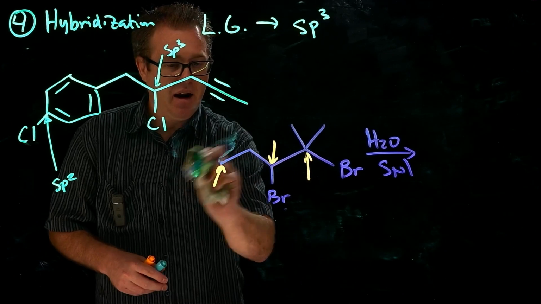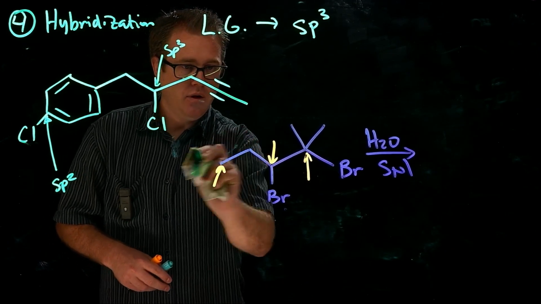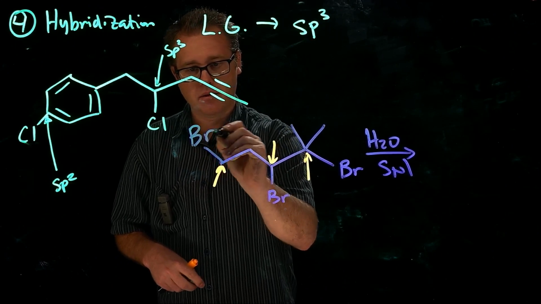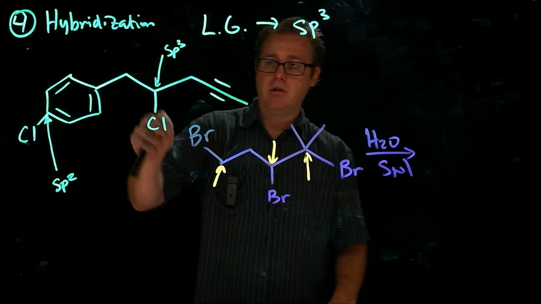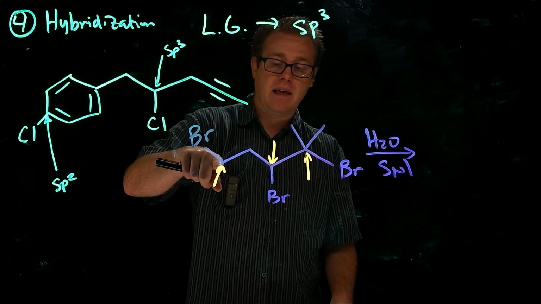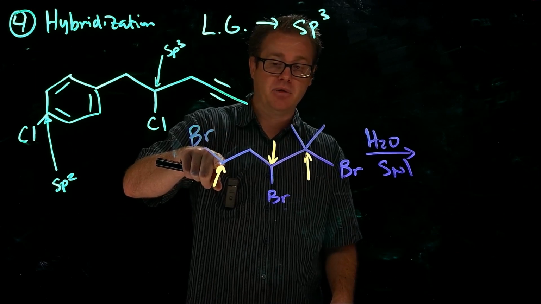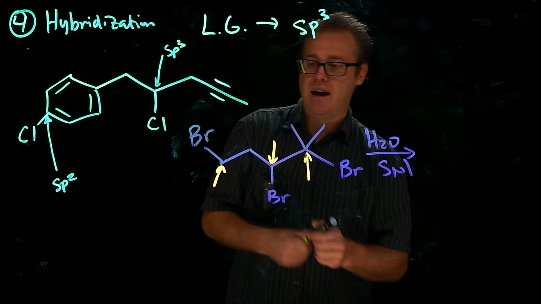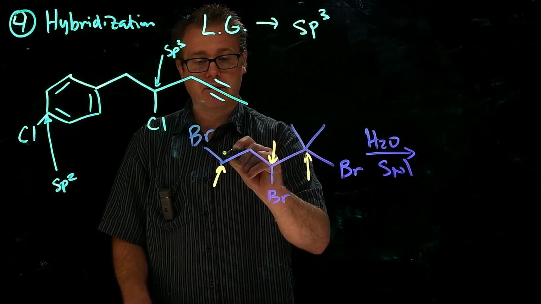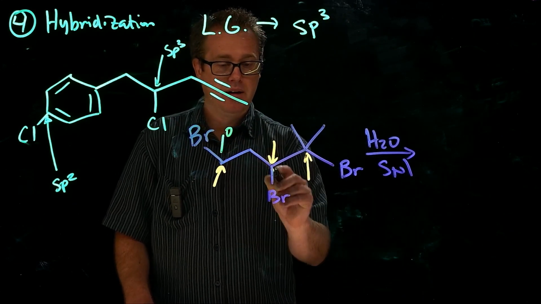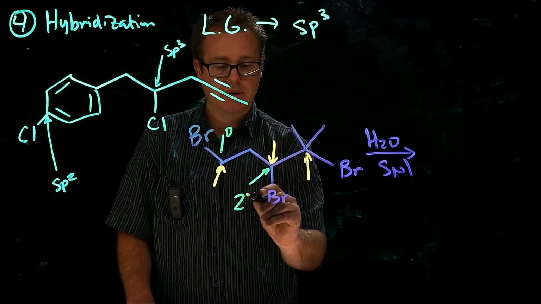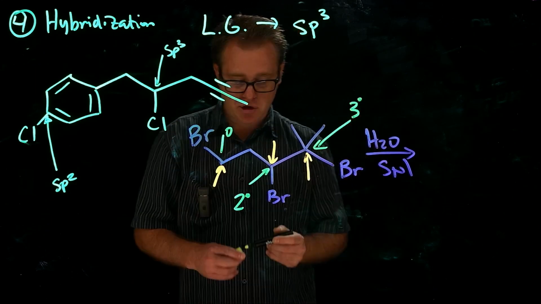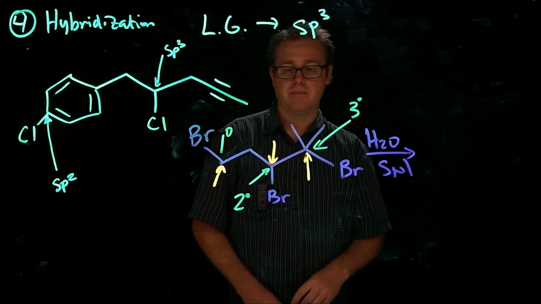So what we have to be careful of when we are looking at a molecule like this, not only do we have to identify that the alkyl halide is attached to sp3 hybridized carbons, but we have to identify that, hey, this alkyl halide right here is a primary, that one is a secondary, and that one is a tertiary alkyl halide.